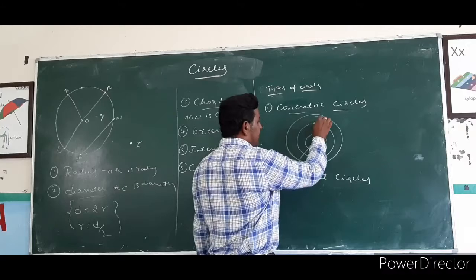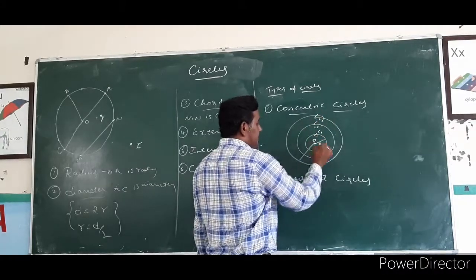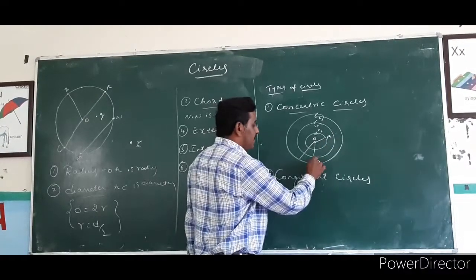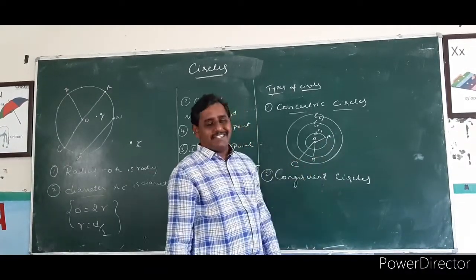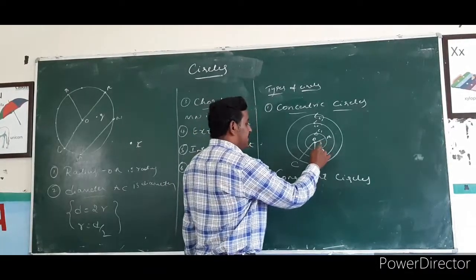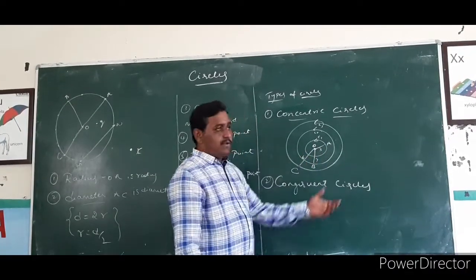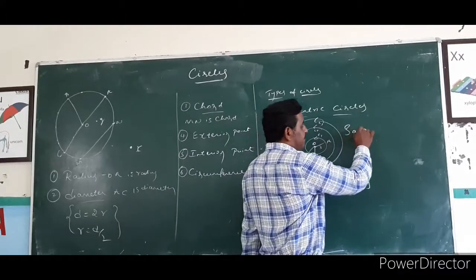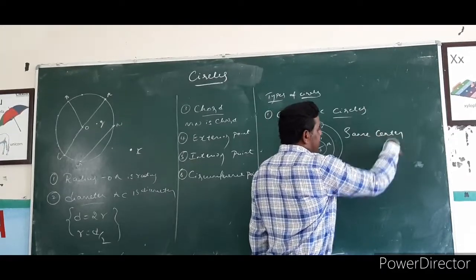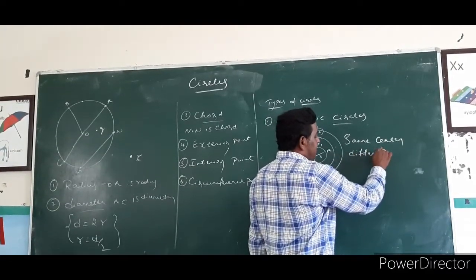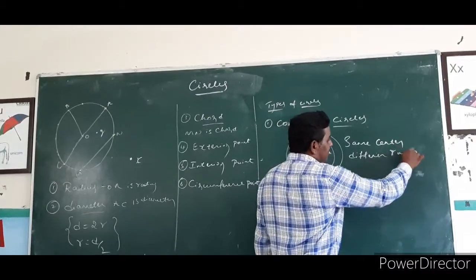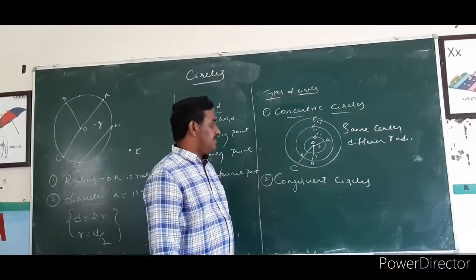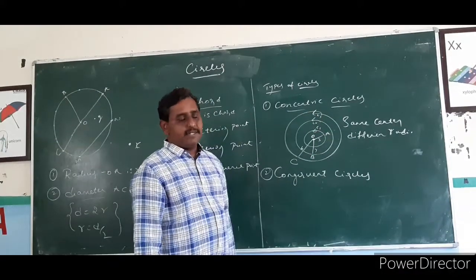Look at circle 1, circle 2, circle 3, having the same center O. OA is the radius of the first circle, OB is the radius of the second circle, OC is the radius of the third circle. Suppose 3, 4, 6. So if 3 or more circles have the same center but different radius, this is called concentric circles.